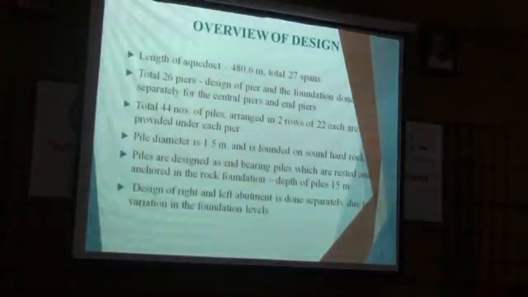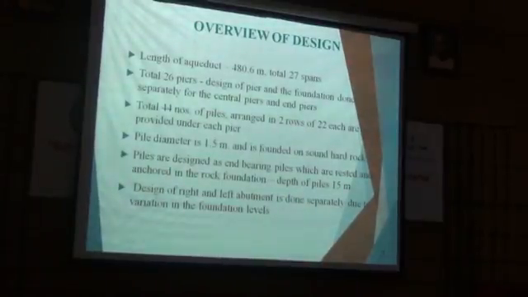What kind of issues can there be in the foundation of a large structure, and how elusive the things are, I can explain to you through this paper. The length of this aqueduct is about 481 meters, the gauge width of the river, and 27 spans are provided in this structure.